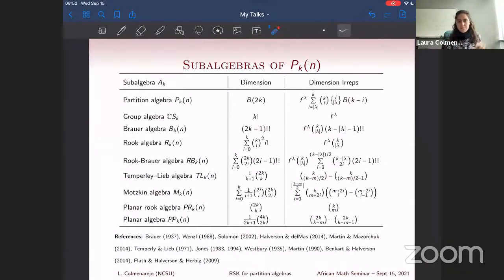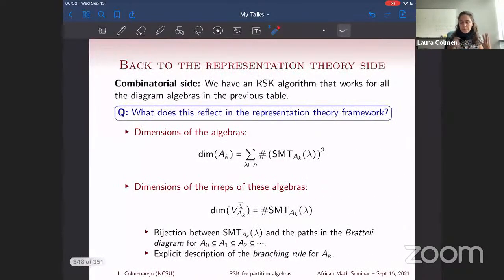So this table summarizes the dimensions and the dimensions of the irreps. And what is going to happen is that for each of these subalgebras, we are going to have the same result that we had for the partition algebra. So if I write A_k for one of the subalgebras in the table, what we are showing with our RSK algorithm is that the dimension of those algebras is actually the sum of the number of standard multisets squared.